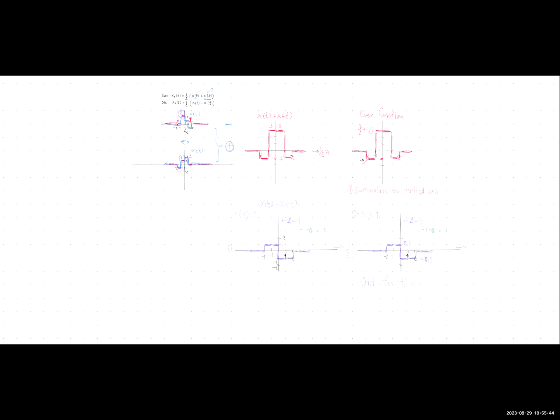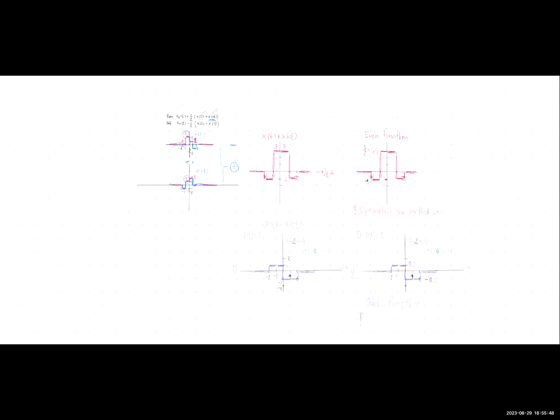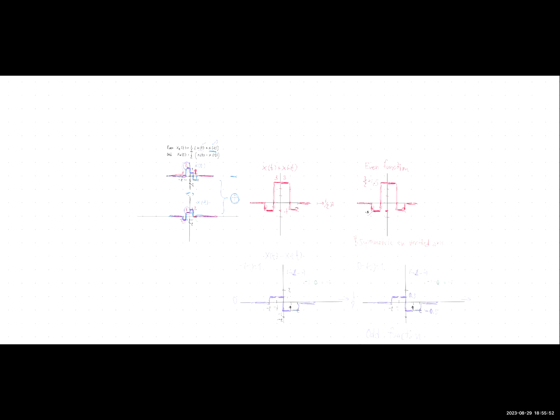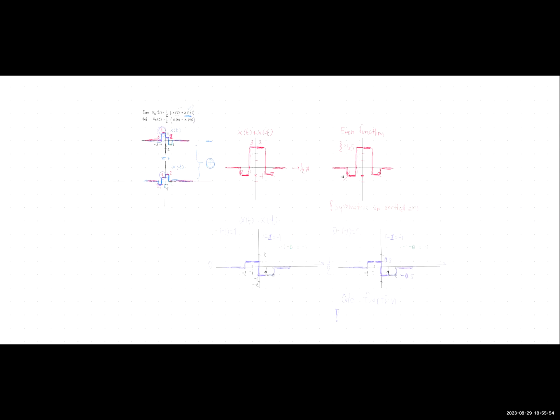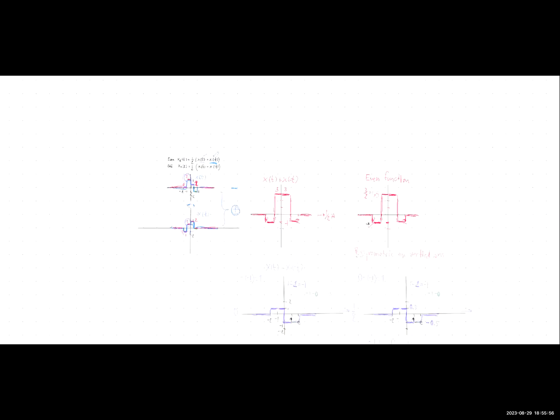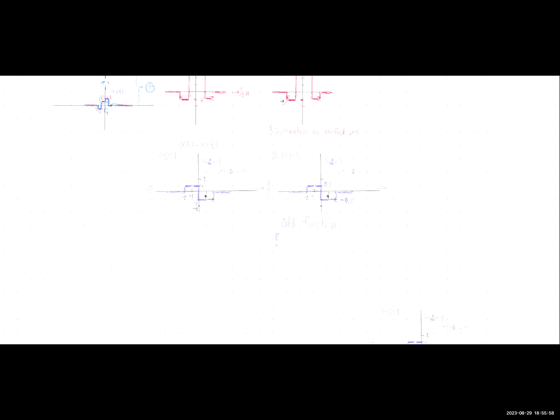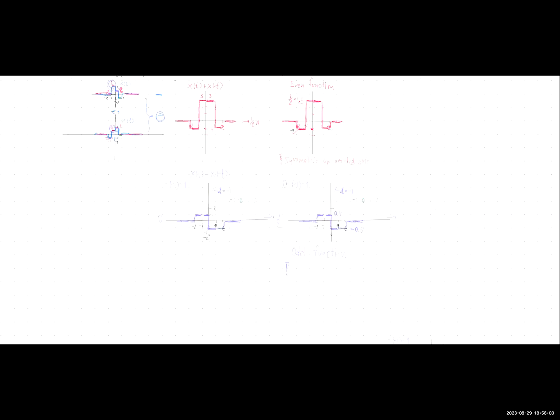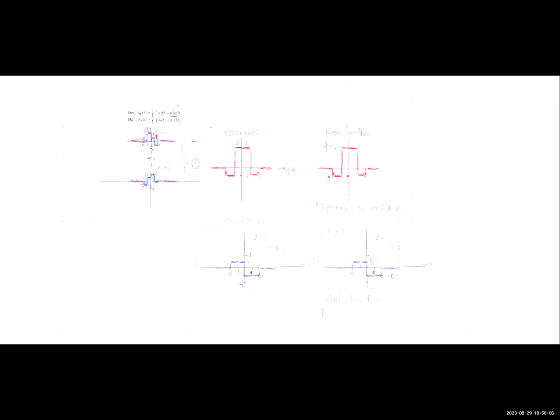Yeah, and we can do the check here too. Yes, and that's it for even and odd function. Can we go back to the slide, please? Thank you.